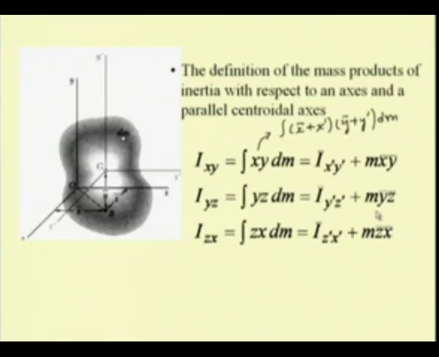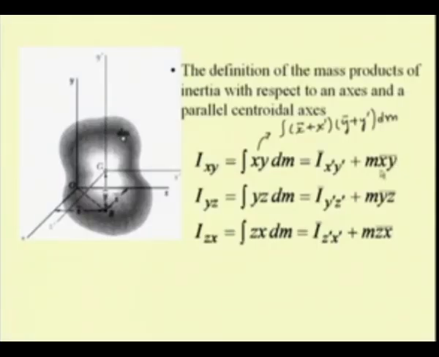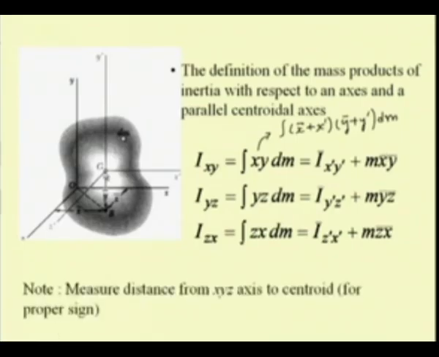One has to note that these distances have to be measured from the coordinate system O, x, y, z. So, these quantities can be positive or negative depending upon the sign. So, this centroid is measured positive in this axis, that is O, x, y, z.